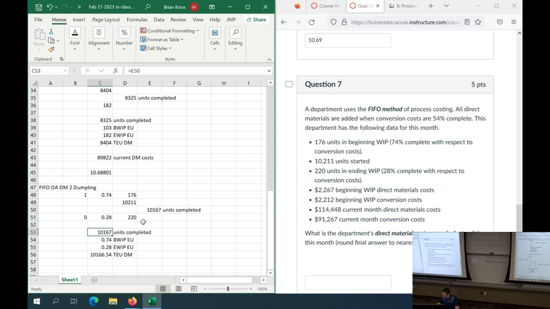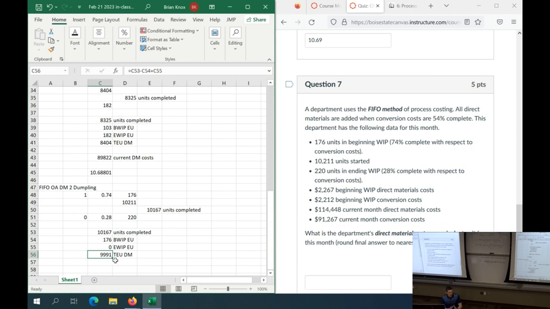Okay, so beginning WIP equivalent units is going to equal 176 times the percent complete with respect to direct materials, which is 100% for beginning WIP. Ending WIP equivalent units equals the 220 times their percent complete with respect to direct materials, which is 0%, so it's going to equal 0. So our TEU for direct materials is 9,991.